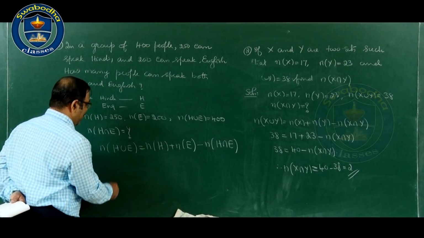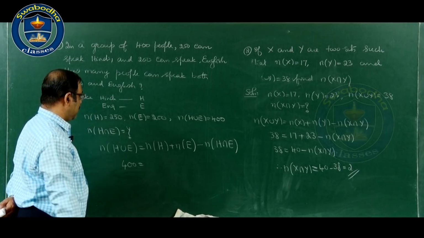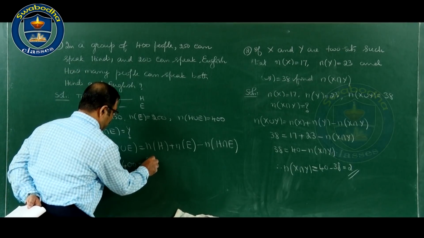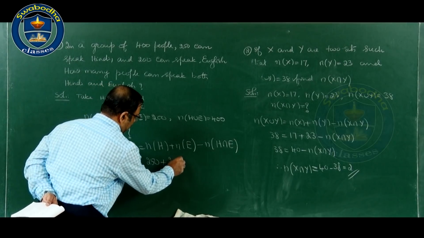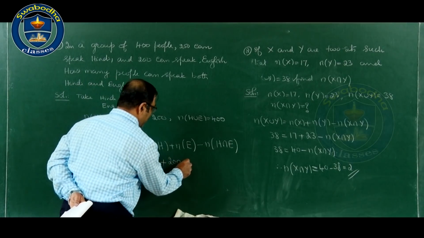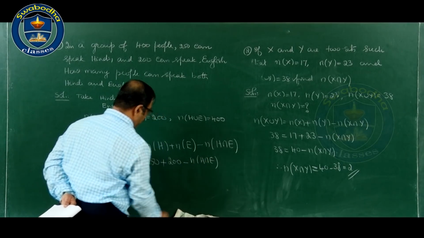What is N of H union E? 400. N of H is how much? 250. N of E is how much? 200. What is N of H intersection E? We find out this.